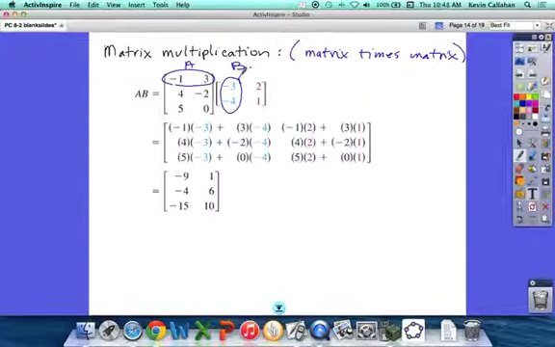It's kind of like patting your head and rubbing your tummy, right? You got to go across one and down the other at the same time. -1 times -3 plus 3 times -4. That's what this is right here. You can simplify all that. That'll be 3 minus 12, negative 9.